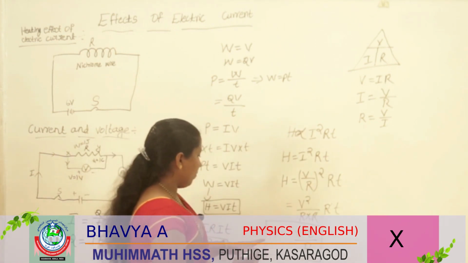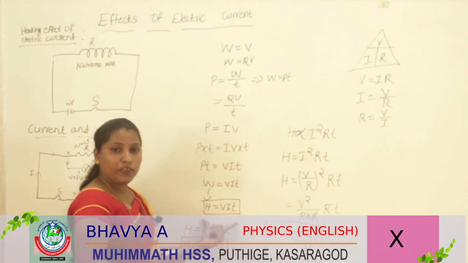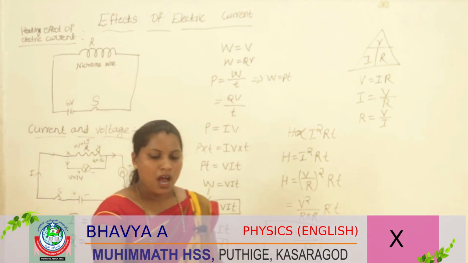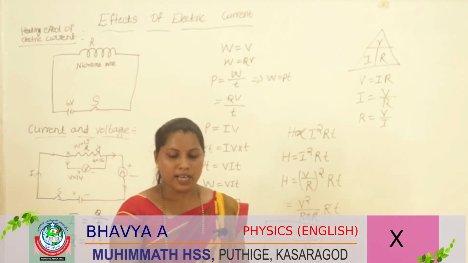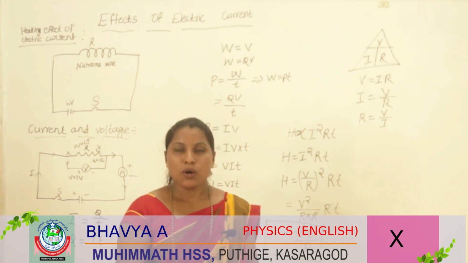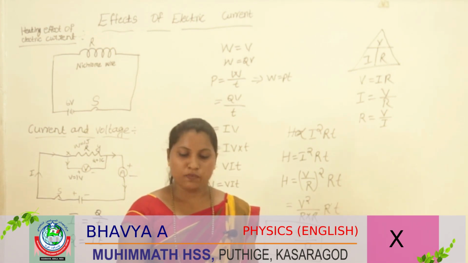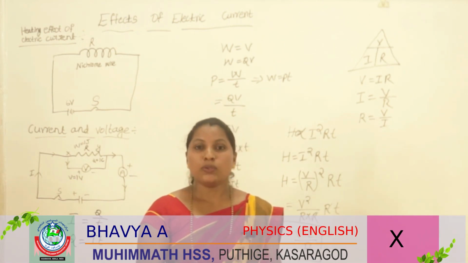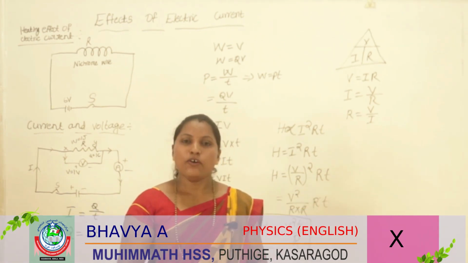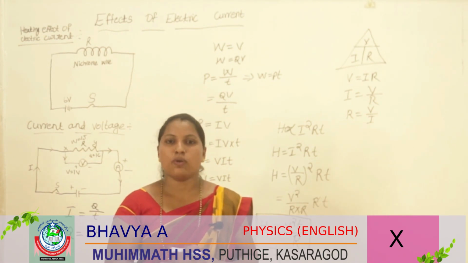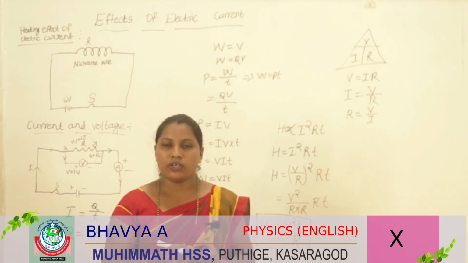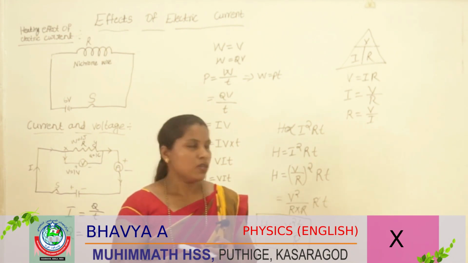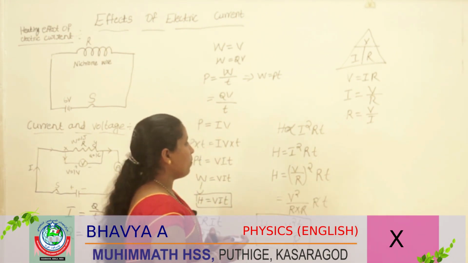We should apply different equations. In the first question, how much heat will be developed if 0.2 ampere current flows through a conductor of resistance 200 ohm for 5 minutes? Here which values are given? The I value, then the R value, then the time.